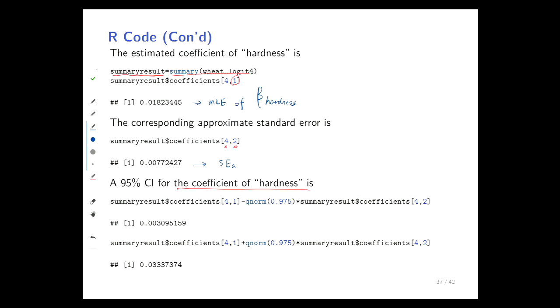If you still remember, the confidence interval here is beta MLE minus plus the quantile z alpha divided by 2 times the standard error. We have the MLE, this is beta J hat, and this is the standard error. What we need to do here is just to obtain this quantile.